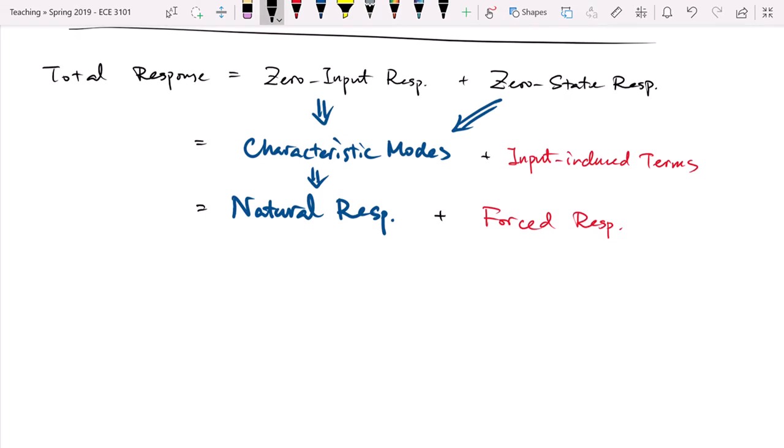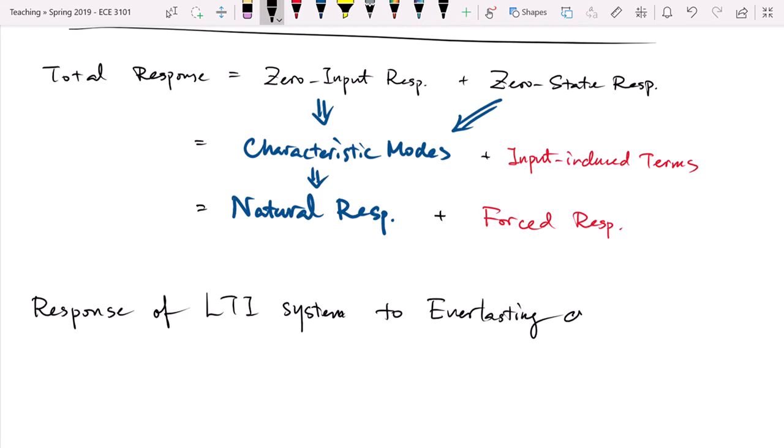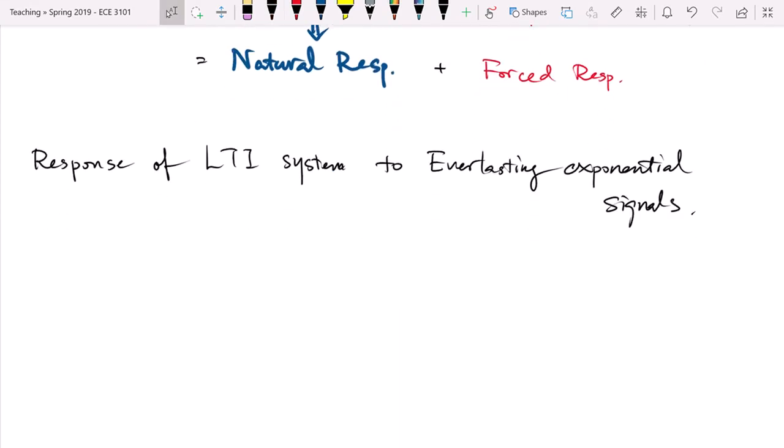your input that looks like an everlasting signal. It doesn't have this u of t. And that's what we're going to discuss next. So, response of LTI system to everlasting exponential signals.